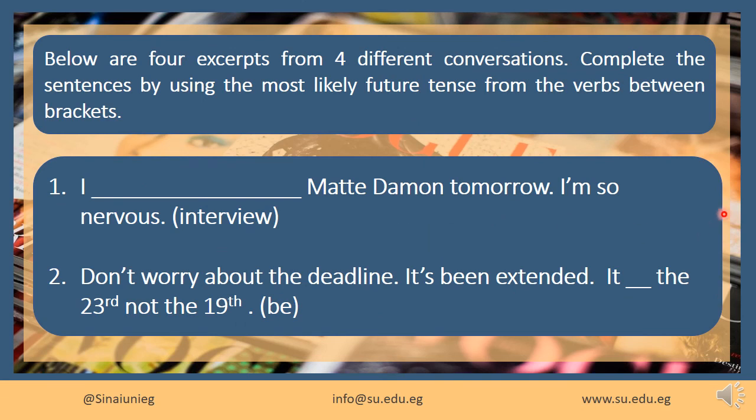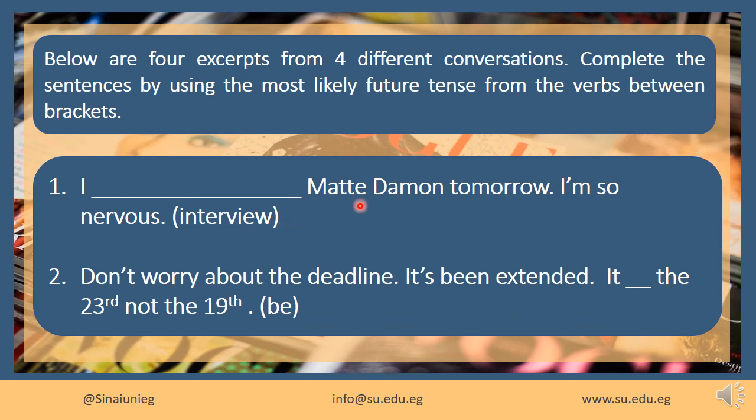In order to make sure that you understood the previous cases very well, I need you to look at these four excerpts from four different conversations and complete the sentences by using the most likely future tense of the verbs between brackets. Number 1: I blank Matt Damon tomorrow, I'm so nervous. The verb is interview.